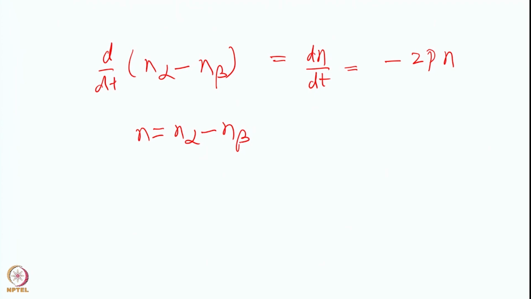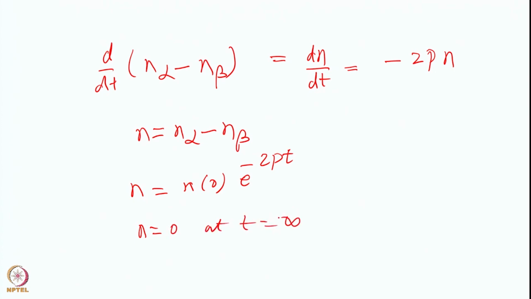So, the solution of this is n is equal to n0 e to the minus 2pt. n0 is the population difference at time t equal to 0, and at time t this will be e to the minus 2pt. So, what happens at t is equal to infinity? n will become equal to 0 at t is equal to infinity.